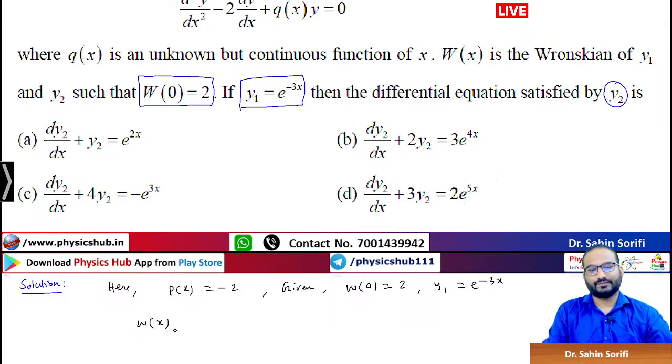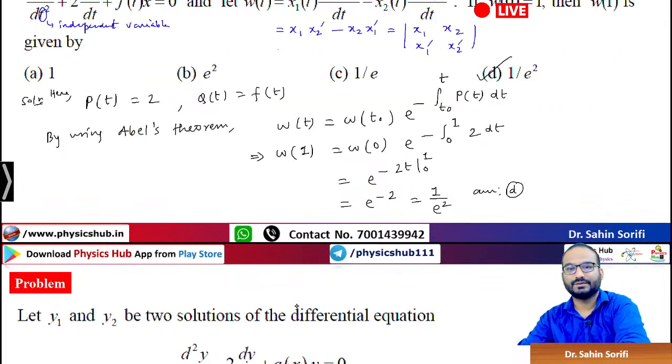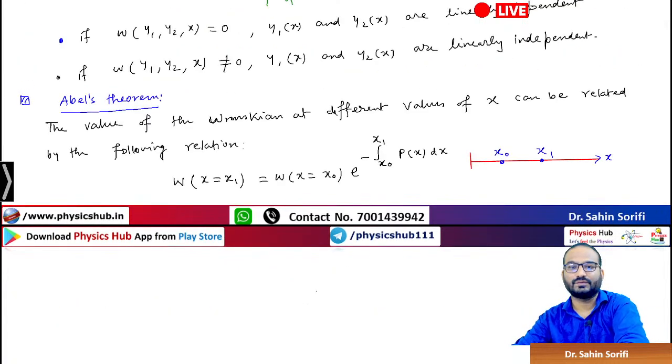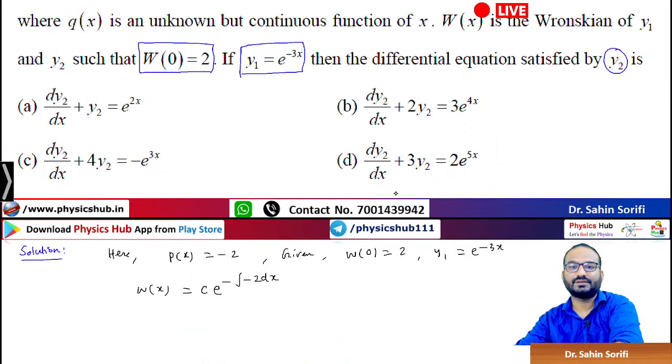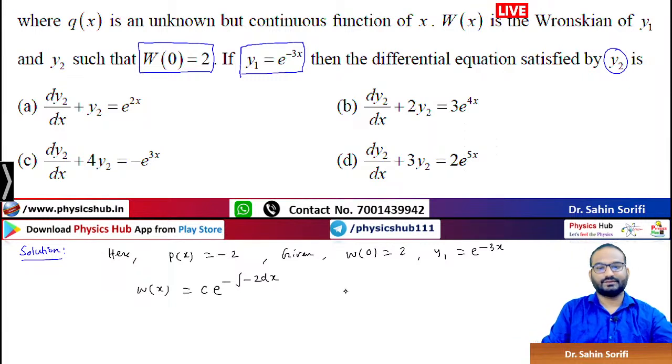Wronskian of x, you know it. Let's say some constant c times e to the power minus integration of minus 2 dx. When you do not want to specify the limits, you can write it in this way. Then by using initial conditions we can find out the value.